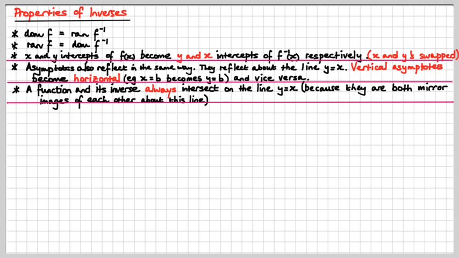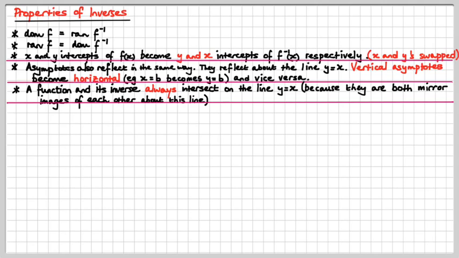Another one, a function and its inverse always, well, almost always, I better say there, intersect on the line y equals x because they are both mirror images of each other about this line. Now, when I said almost always, what I'm really trying to say is that if one of them hits the line y equals x, then the other one is going to hit the line y equals x at exactly the same spot, right?